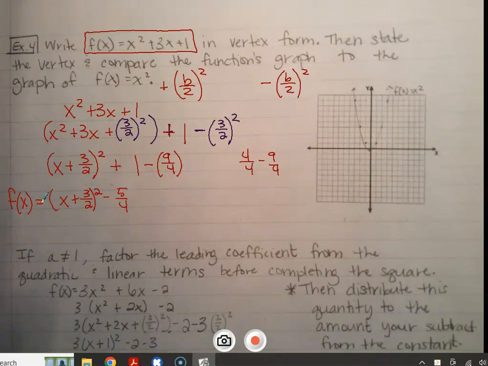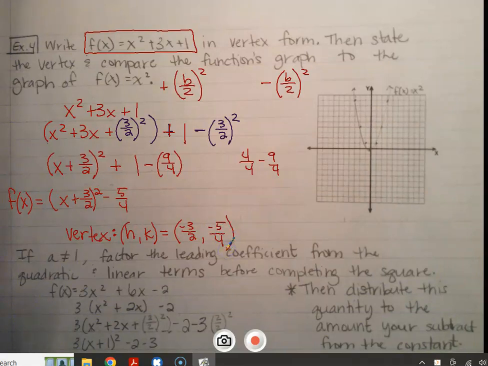Okay, so we want to state the vertex. All right, so our vertex, it's not a very beautiful one, is, remember, it's our h comma k, which means our h is, what is my h? It's a negative. Remember, it's the negative 3 over 2, comma, and our k is negative 5/4.